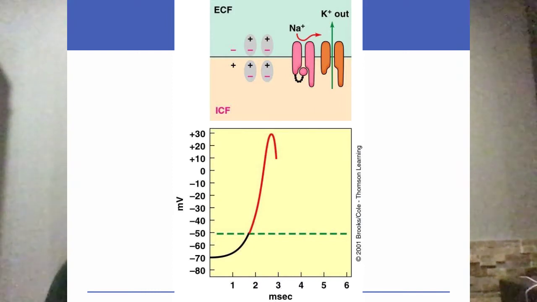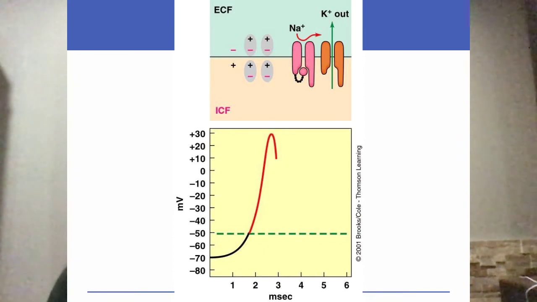Always keep straight your concentration gradients of sodium and potassium. In normal resting potential, there's more sodium outside and there's more potassium inside. That means when a gate opens, sodium wants to move in and potassium wants to move out. Also, you should know the direction sodium and potassium move. It's about their concentration gradients.